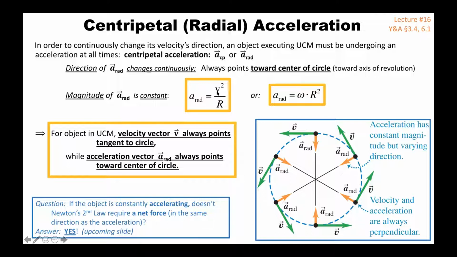Notice that we know that v is also equal to omega times r. So if we plug in omega r into v for the numerator, this expression can also be written as omega squared times r. I'm sorry, that's a typo. It should be omega squared times r. Again, our textbook shows the first expression, not the second, but there are times when the second one can be useful as well.